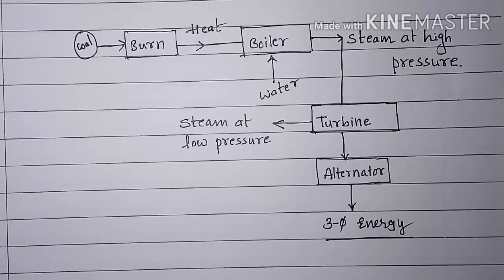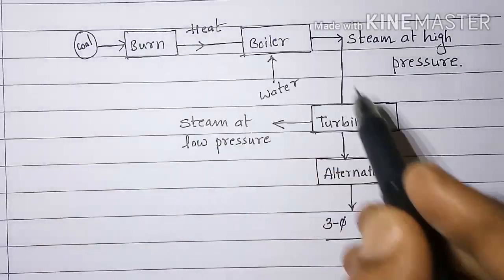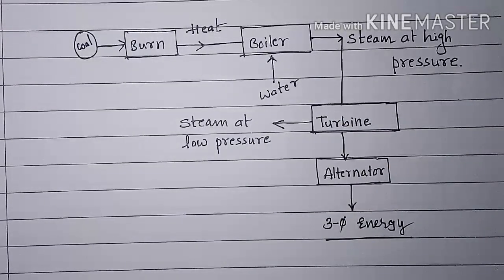Later on you will be studying the detailed block diagram of a thermal power plant. Here what you can see is an open loop system. That means nowhere is the loop completed. It starts here and it ends here.